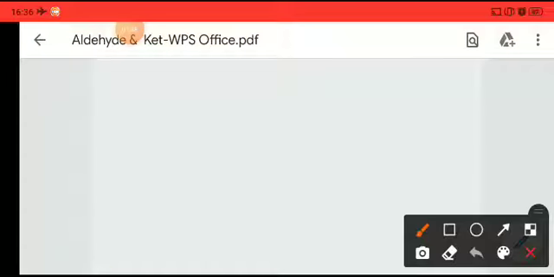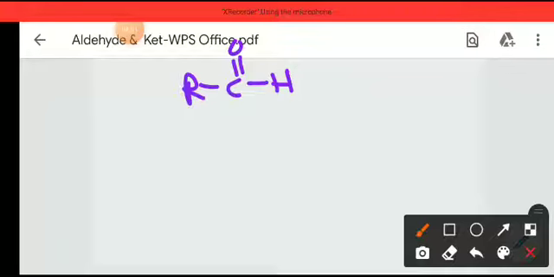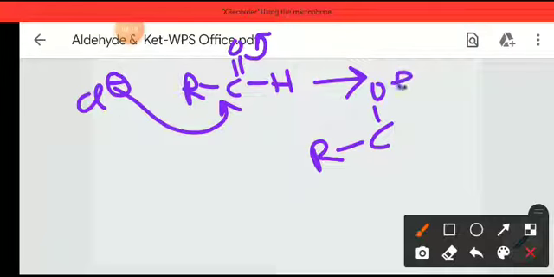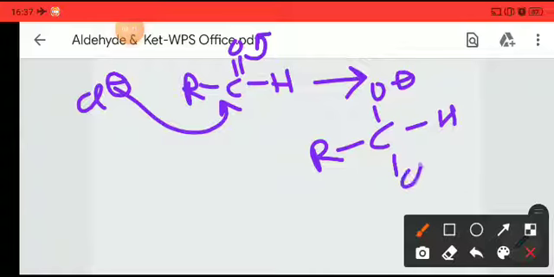Suppose Cl minus, or rather cyanide, is reacting with an aldehyde, suppose RCHO. The nucleophile will attack the carbonyl carbon, the double bond will be broken, and the bonding electron pair will shift to the oxygen, and it will form R-C single bond O minus, H and the nucleophile.